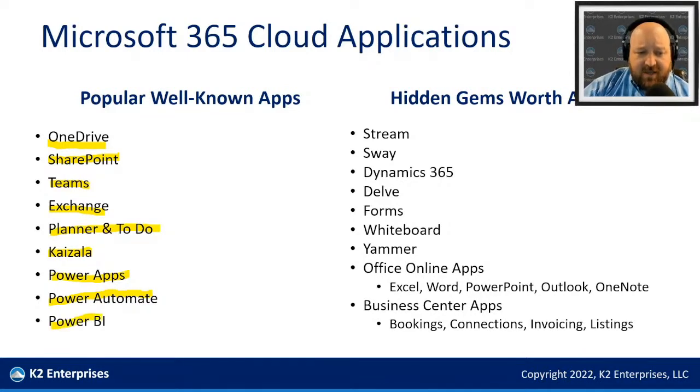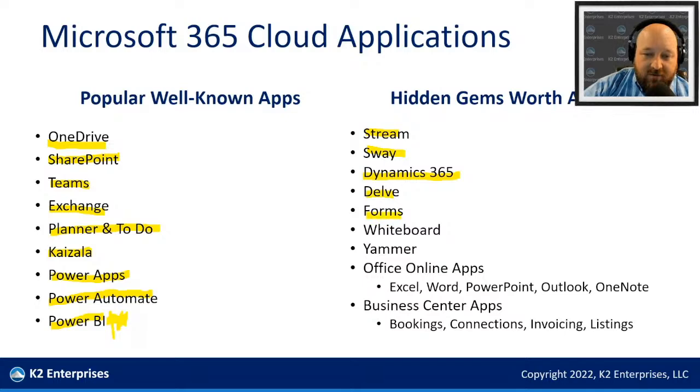There's business intelligence with Power BI. This technically is part of 365 team, but you can also get it independently for free. And then there are also some really hidden gems in here as well. Stream, Sway, there's 365 Dynamics. Again, technically not part of the main 365 platform, but it's business software. It's really cool. There's Delve.